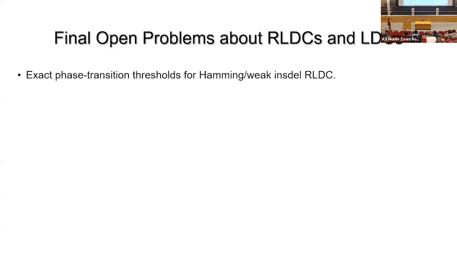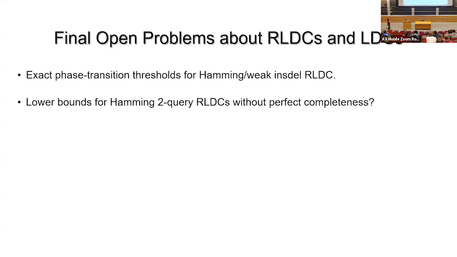Let me finish up with the open questions. Most of them we have seen. It's interesting to figure out where this threshold happens, the phase transition, both for Hamming and weak INSDEL RLDCs.